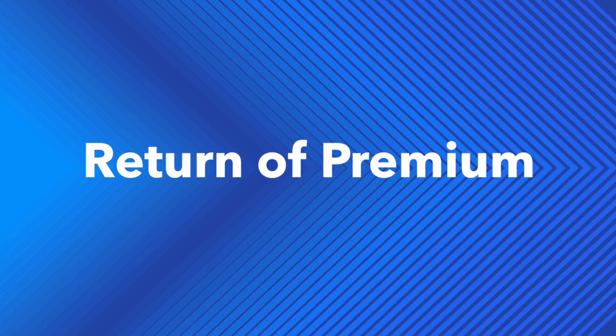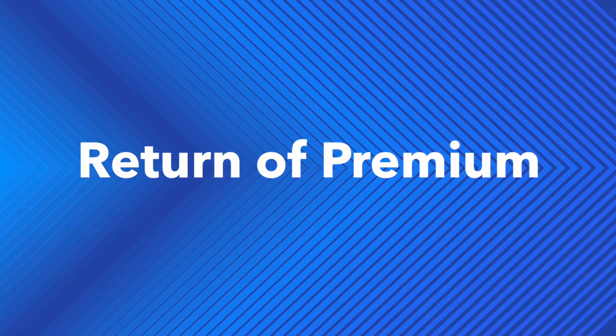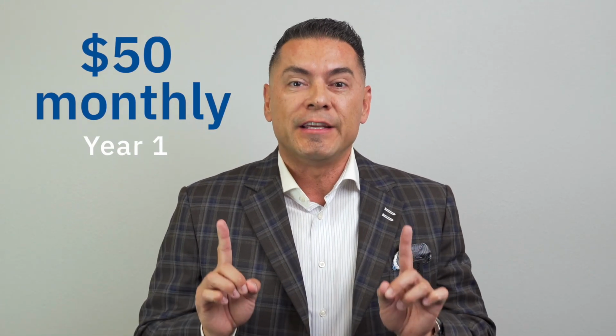The last type of term insurance is called return of premium term insurance. This is where you get all your money back at the end of that specific term period. So let me give you an example. In annual renewable term, let's say I have a $500,000 life insurance policy. It may cost me $50 a month in the first year.